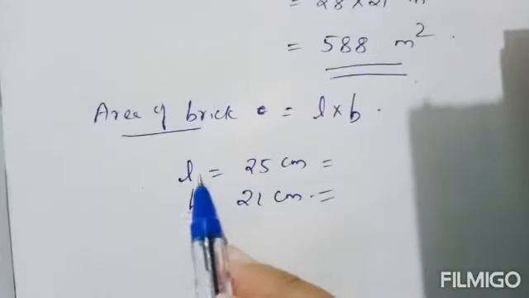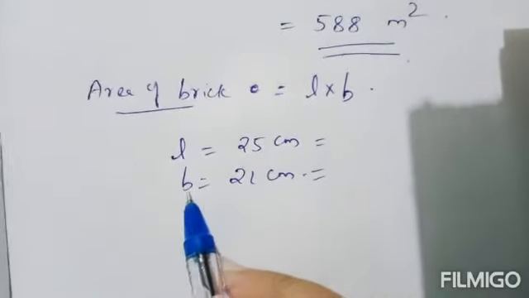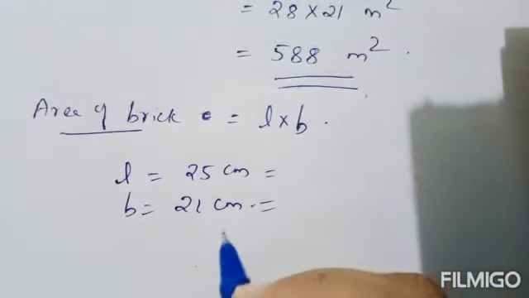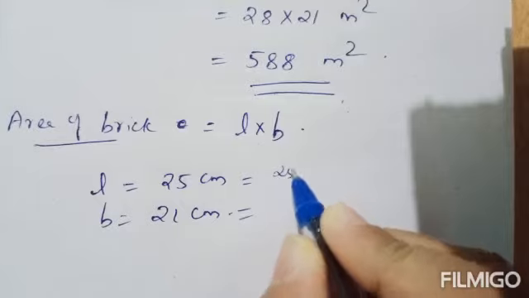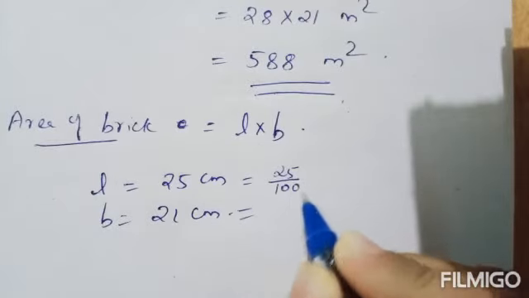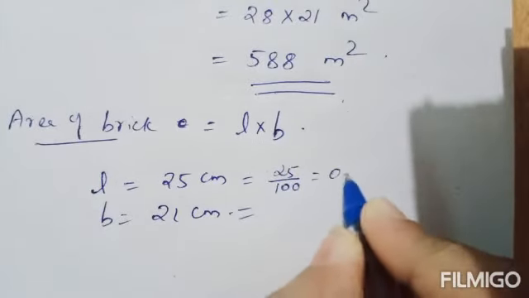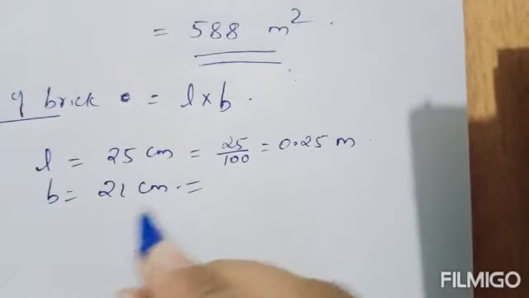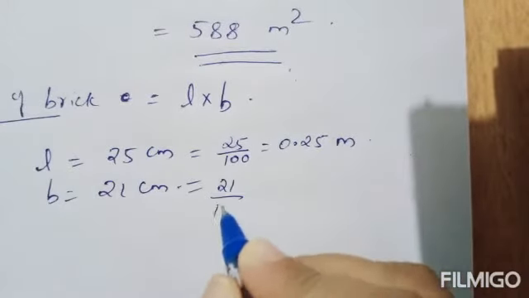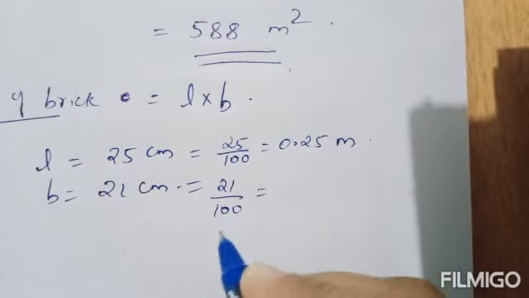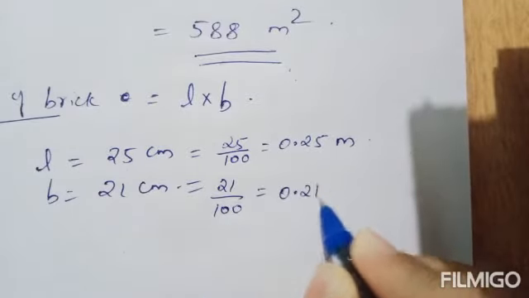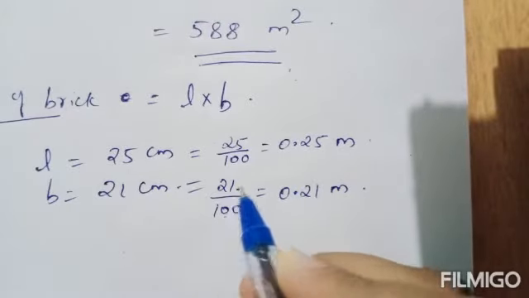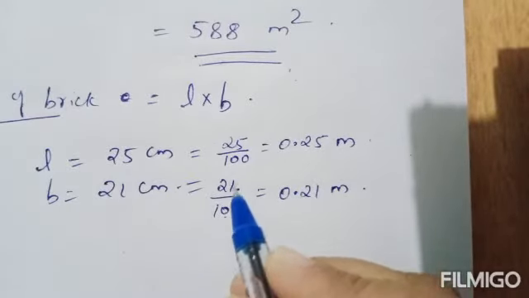How can we convert centimeter to meter? Just divide by 100. 25 divided by 100 you will get 0.25 meter. Now 21 centimeter, how can you convert to meter? 21 divided by 100, that is 0.21 meter. Divided by 100, the decimal point will move 2 places to the left.